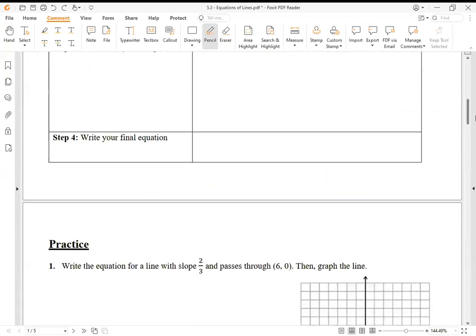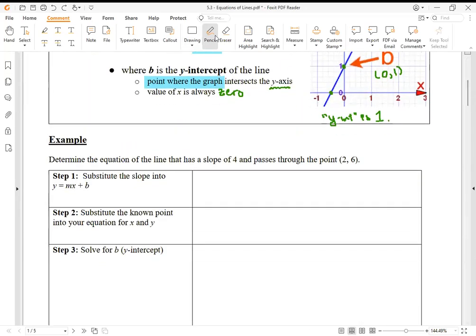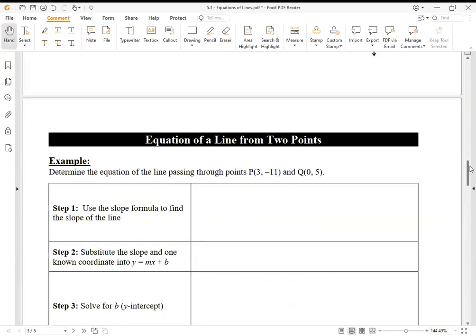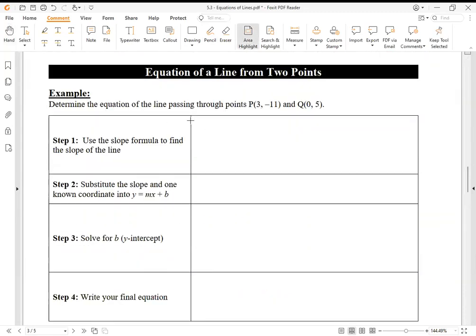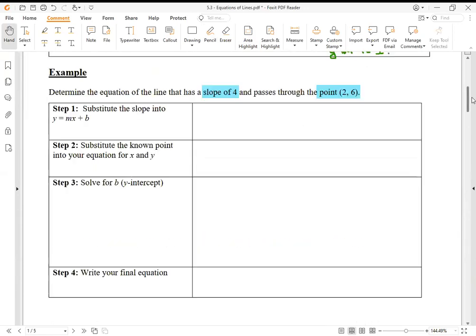One is when I give you a slope and 1 point. The other is when I give you no slope, but I give you 2 points. In any situation, you should still be able to solve it.